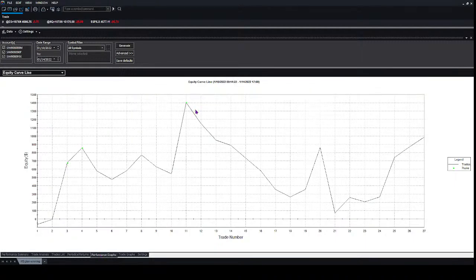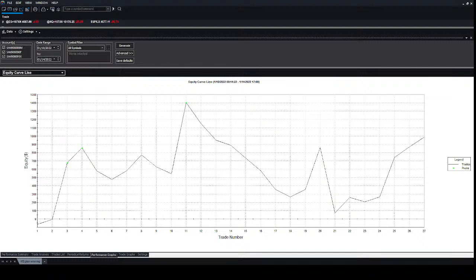So you can obviously see there are some things pulling this down. Get rid of some of the assets that aren't conforming to this trade plan, and hopefully you'll see this smooth out and it won't look so much like a heartbeat.